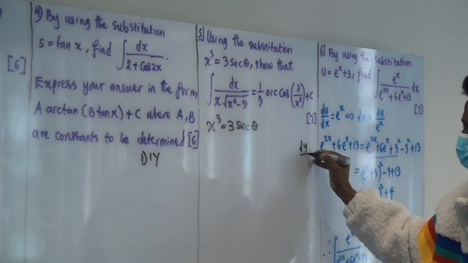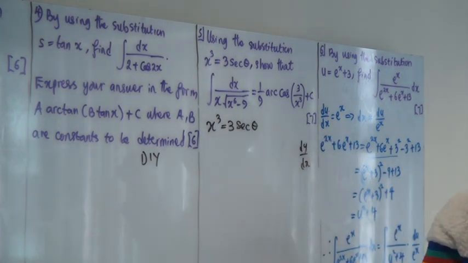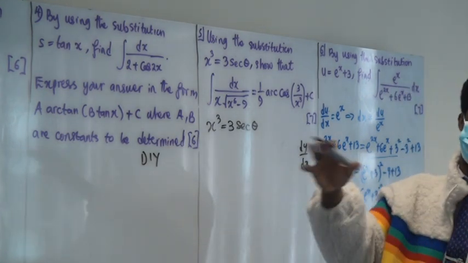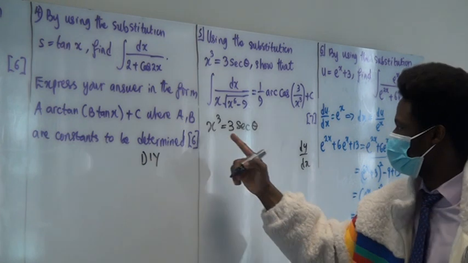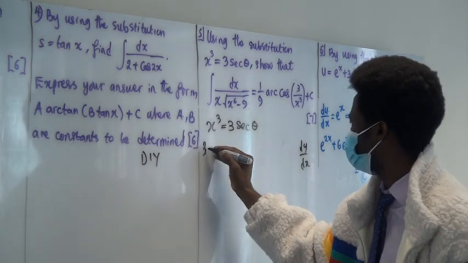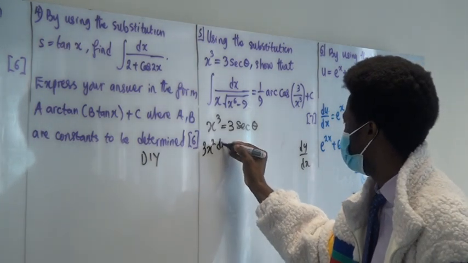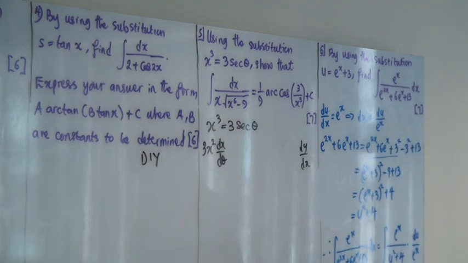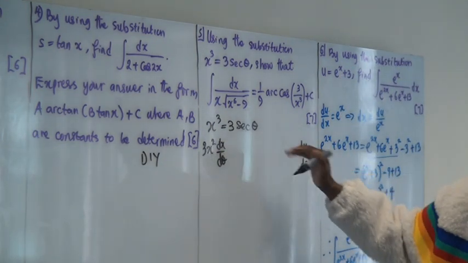Remember, compare it to dy dx. Anytime you differentiate something involving y, you apply dy dx, and I've told us why. So if I'm focusing on dx d theta, of course I can change it later. If I'm focusing on that, it means this will be 3x squared dx d theta. Right? What's the derivative of sec?